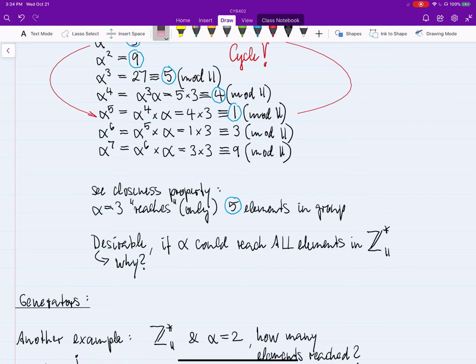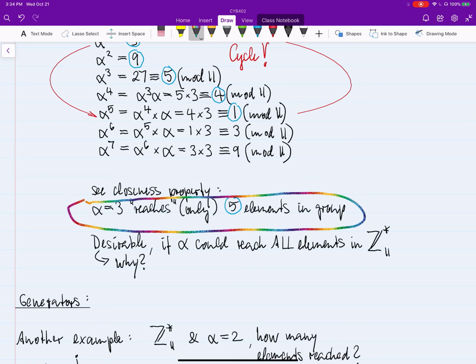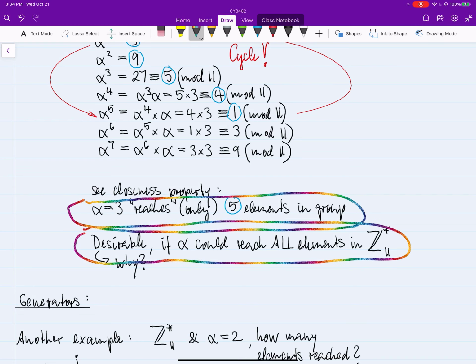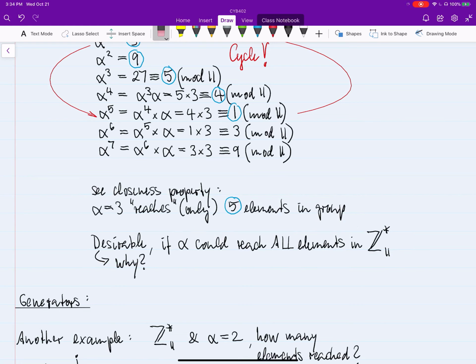In other words, alpha only reaches 5 elements in the group. It would be desirable if alpha could reach all of the elements in this group, because we want to make a brute force attack on the scheme as hard as possible.